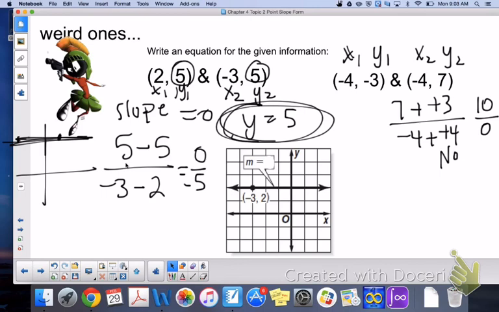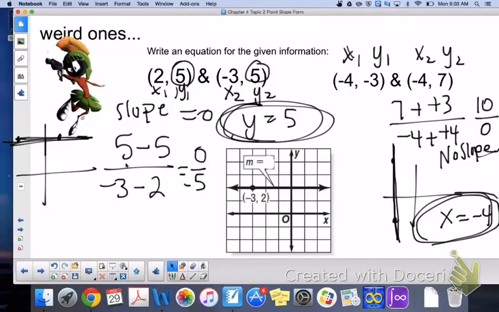That means there's no slope, or undefined slope. So look at that graph. The points (-4, -3) and (-4, 7) look like this, a vertical line. It goes through the x-axis at negative 4, so x equals negative 4. That is it for your equation there.